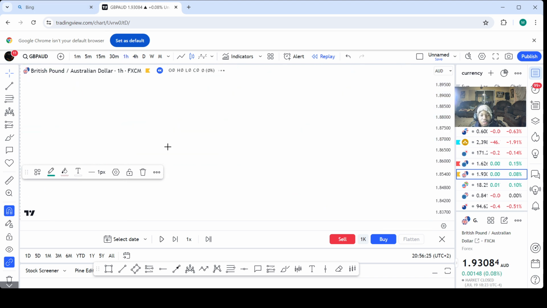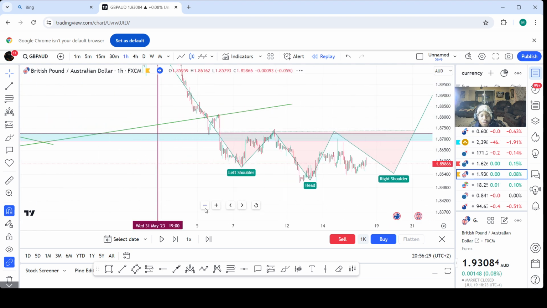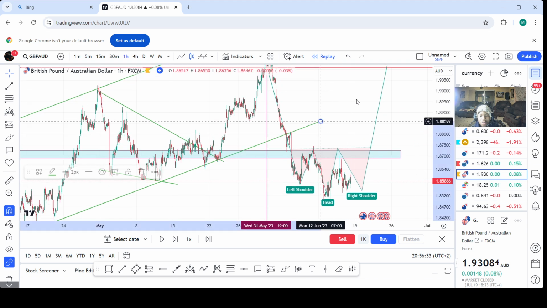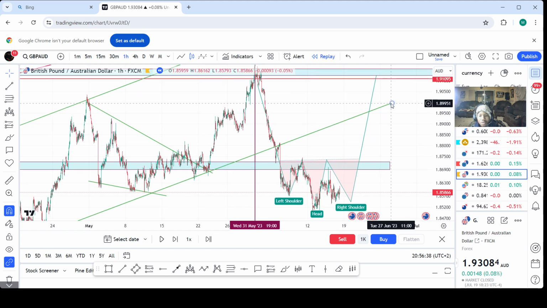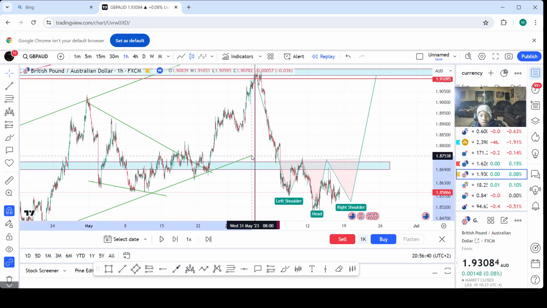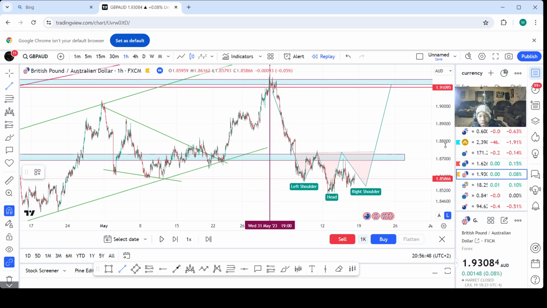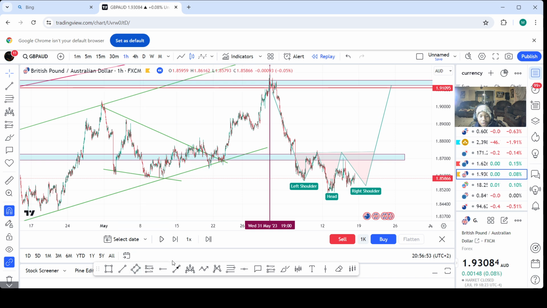So let's just dive into the 1 hour time frame. We need more confirmation. So basically when the market breaks, we can just leave this here for now. Then we have a trend breaking here, then we have a trend.